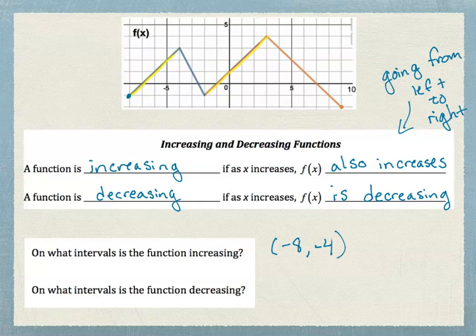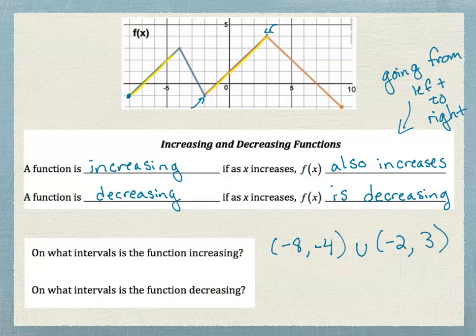So that's not the only place it's increasing. It also starts increasing again right here at -2. So I'm going to join these together with a union: -2, and then it continues increasing up until here at 3. On which intervals is the function decreasing?